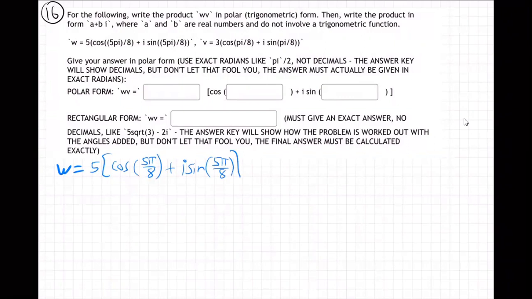And the other one, V, kind of backwards order. VW would be the alphabetical order, but anyway, whatever. 3 cosine of pi over 8 plus i sine of pi over 8.